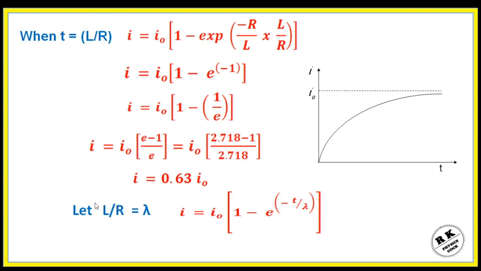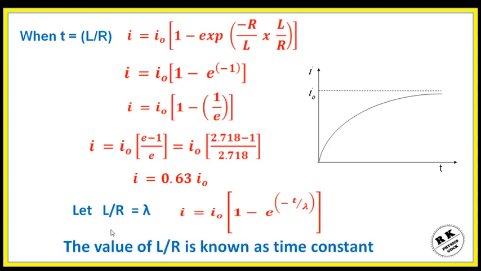Now, the important thing one has to remember is this L by R is called as time constant. How can we define time constant of a circuit? Time constant of a circuit is defined as the time period in which the instantaneous value of current reaches 63% of maximum value.